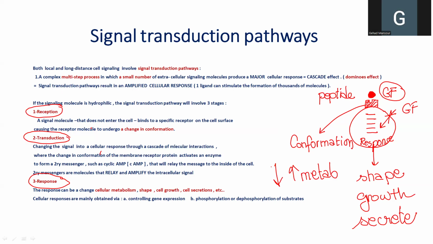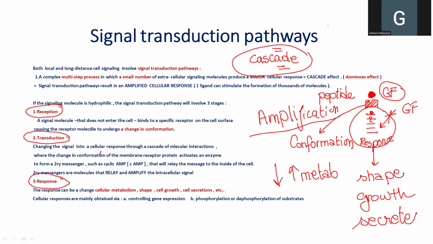And usually the cell response is magnified, meaning that if you start by one molecule, for example, and you are supposed to obtain two molecules as a product of the first reaction, at the end of this pathway, which is actually a cascade of chemical reactions, you will have thousands or millions of molecules. So there is this important concept of amplification, and it all depends upon a series of chemical reactions.